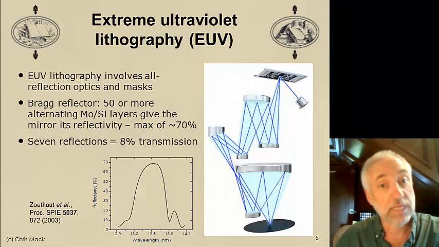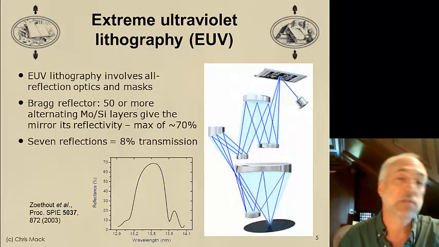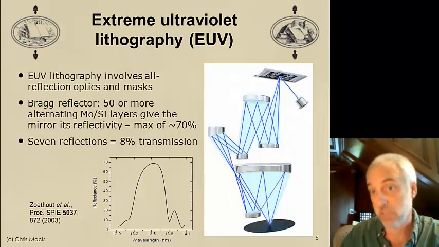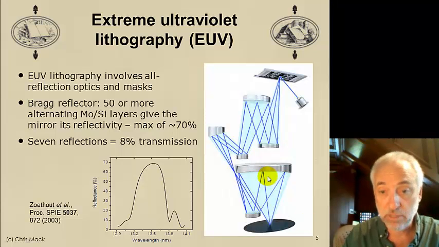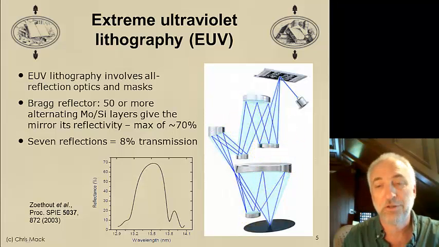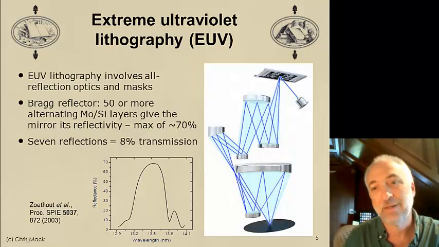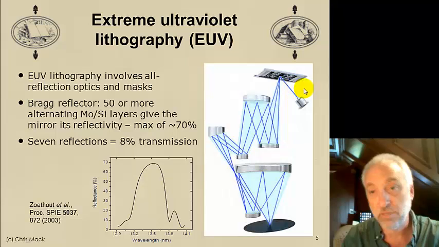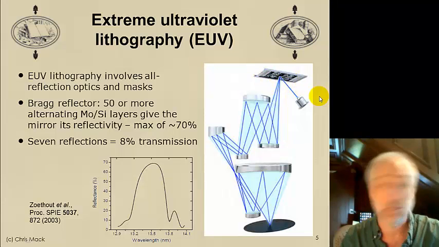Now, if your reflectivity of one reflection is 70%, that means your intensity of light gets cut in half every 2 bounces. Here we show an imaging optics of 6 mirrors, so that is 2 to the 3rd reduction, about 1/8 of the light going through the optical system. But of course, the mask is a mirror as well.